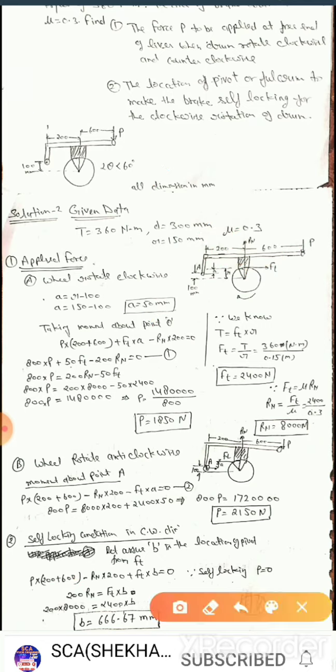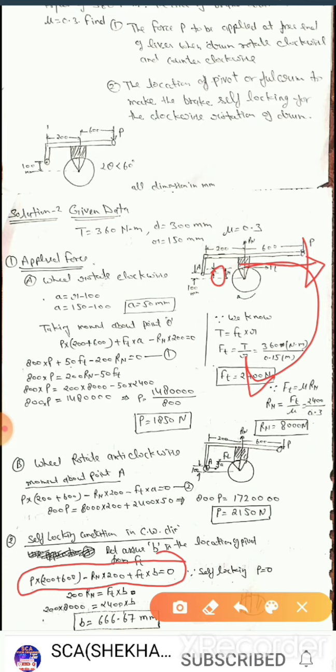Sorry, it is positive Ft into B. It makes a clockwise couple, so Ft will be positive here. So we get a moment equation as P into 200 plus 600 minus Rn into 200 plus Ft into B.